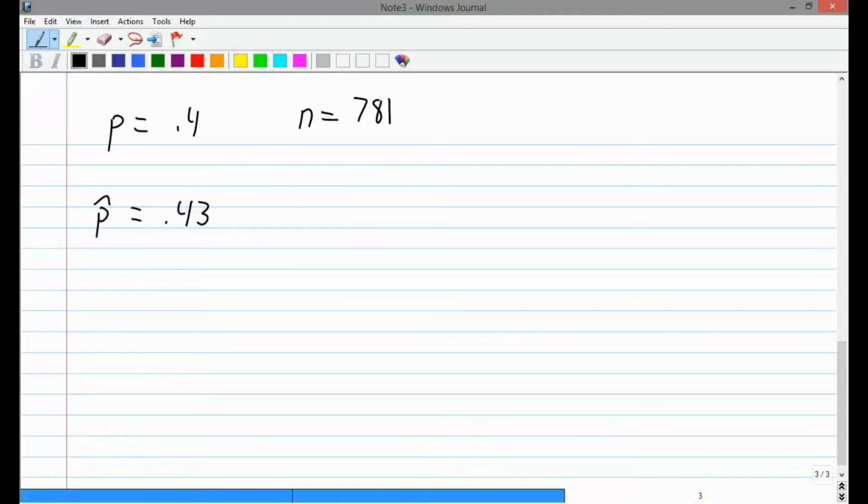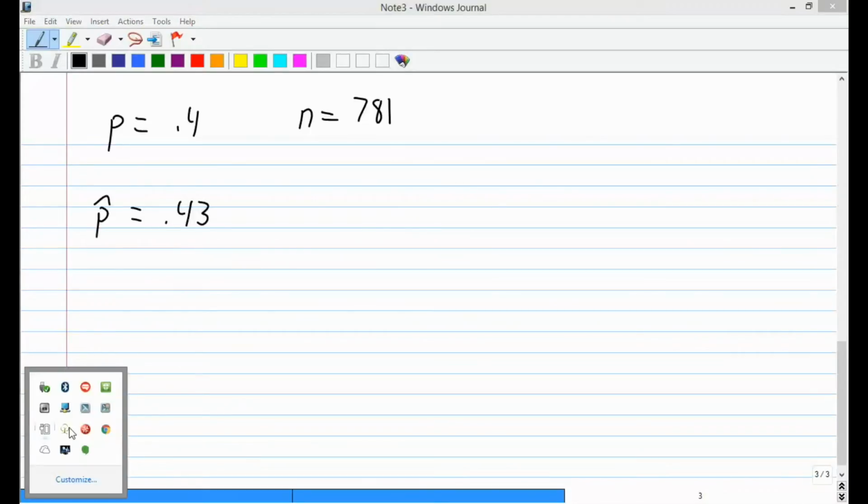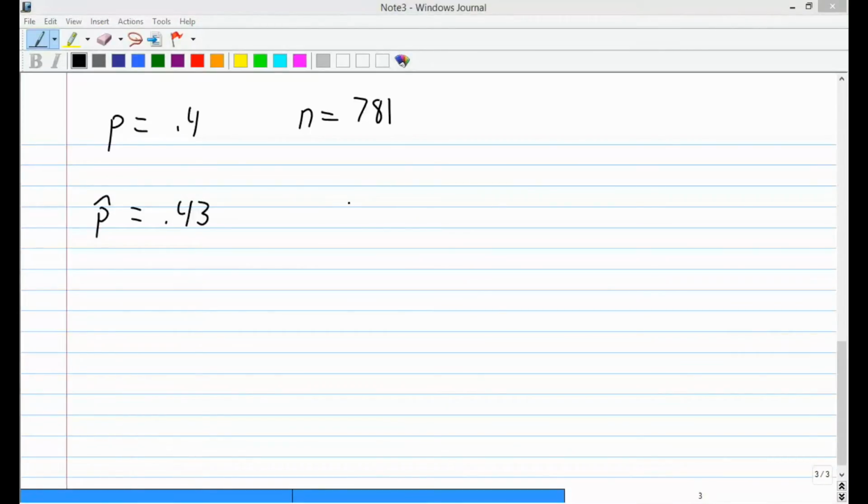All right. So this is more than likely from chapter 8 or 9, I would imagine. So if we have proportions, what do we have? So the variance is going to be equal to what?